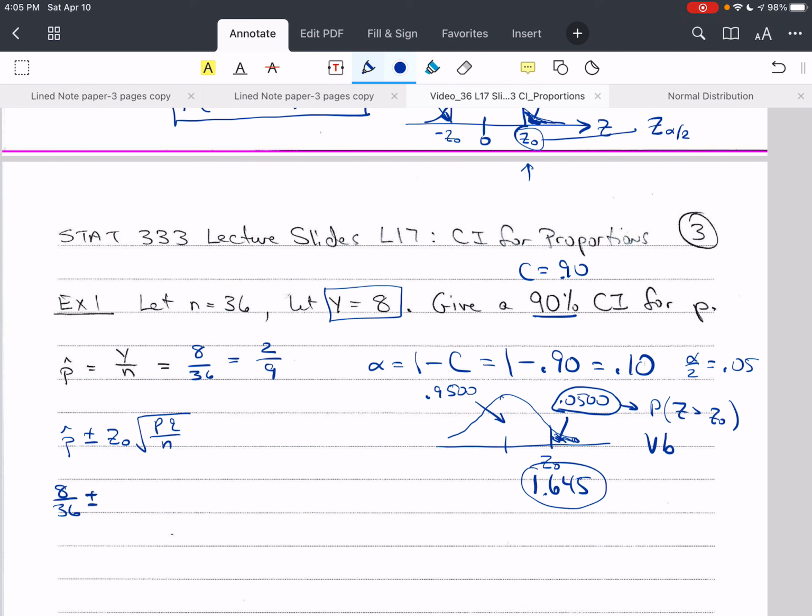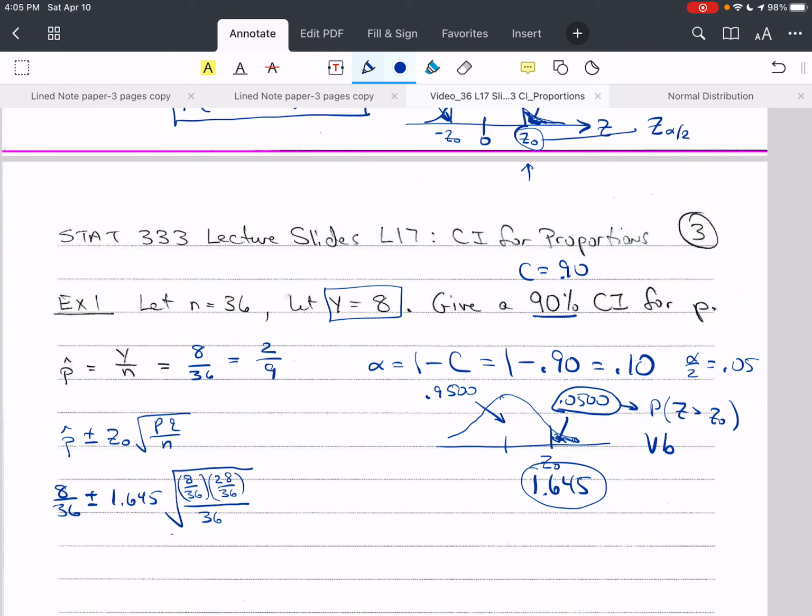And then plus or minus 1.645. And then it gets a little messy here because we have 8 over 36 times 1 minus that. So 36 minus 8 is going to be 28 over 36. And then divided by n, which is 36.